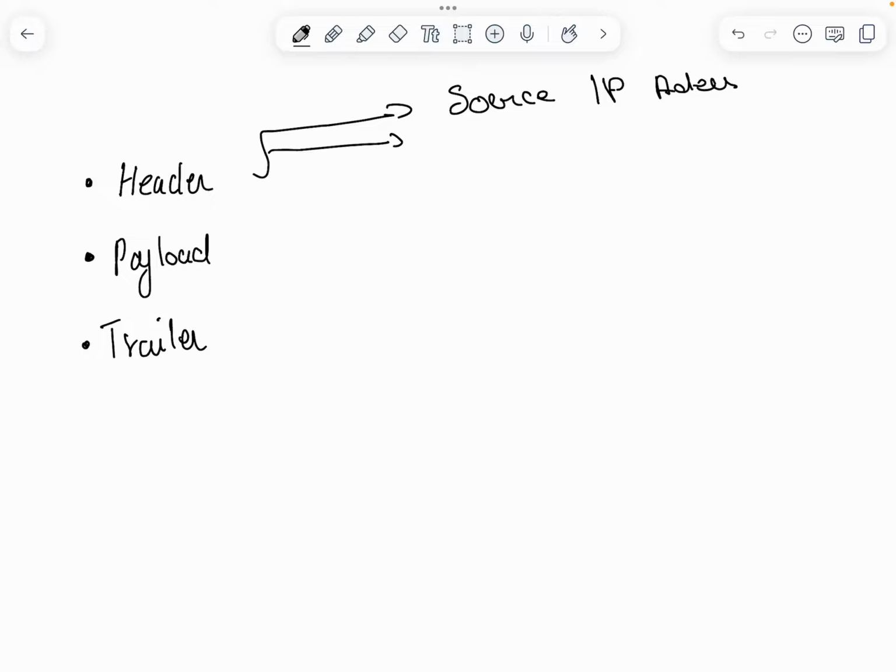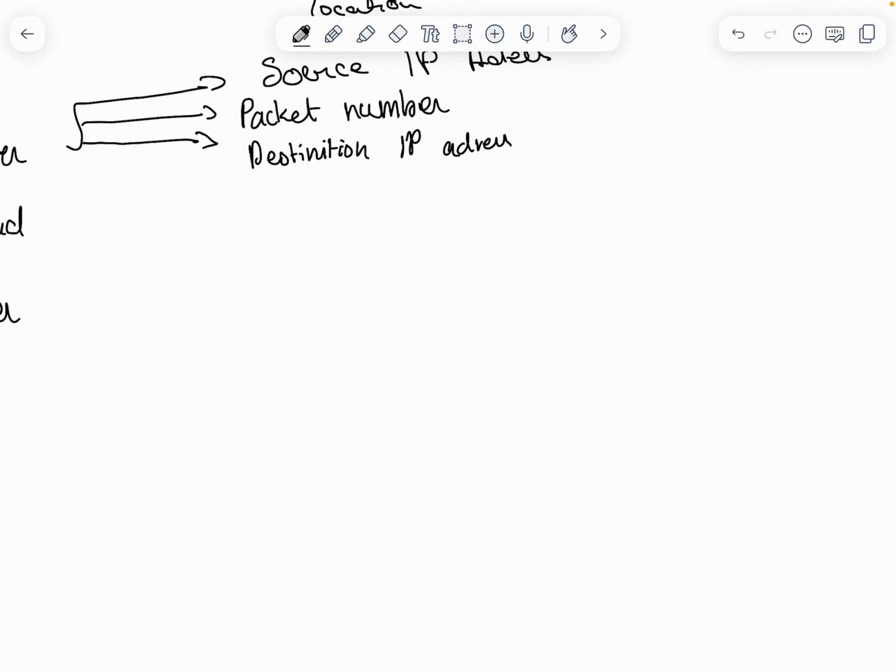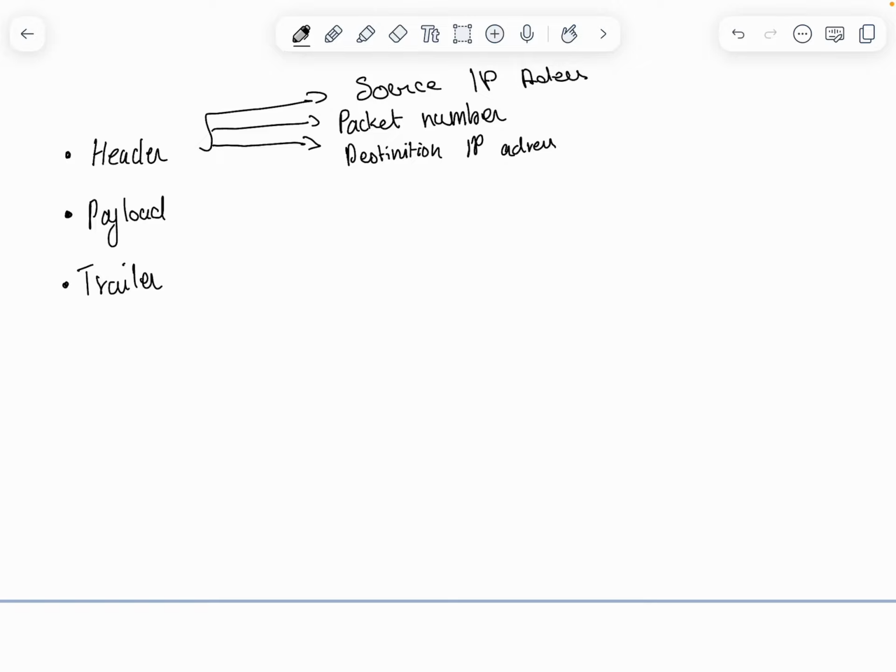It will hold the packet number, it will also hold the destination IP address, and these are three of the main things that it will hold.